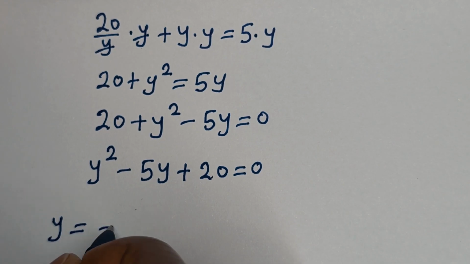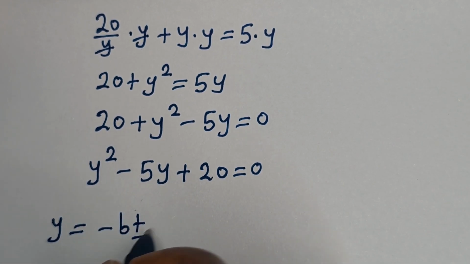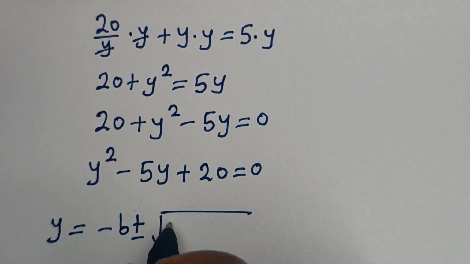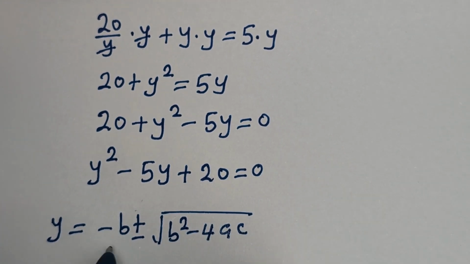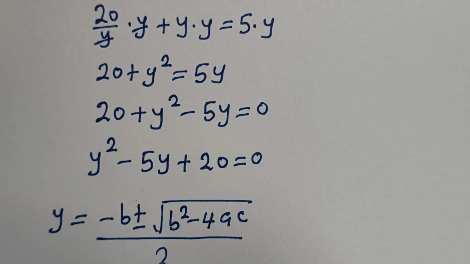y is equal to minus b plus or minus square root of b squared minus 4ac over 2a.